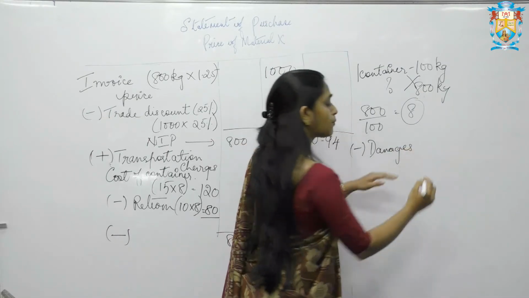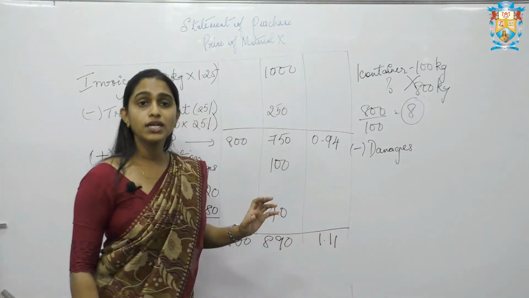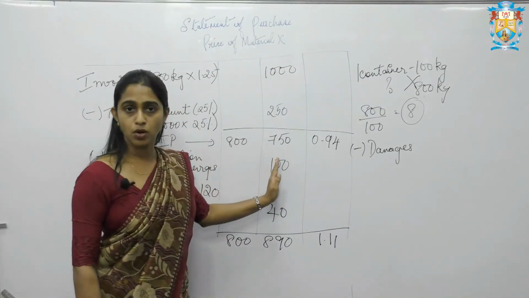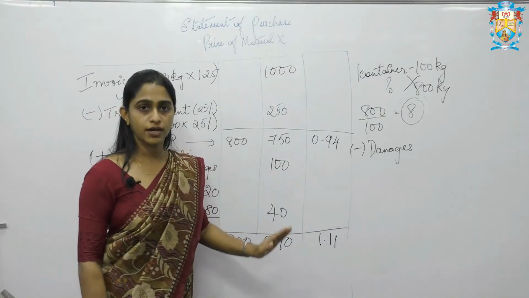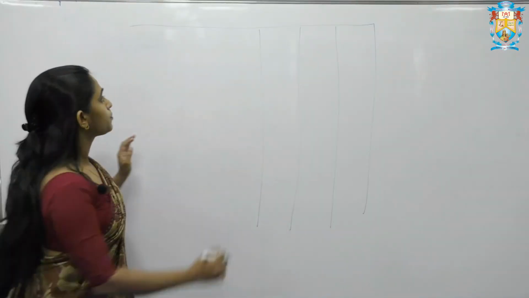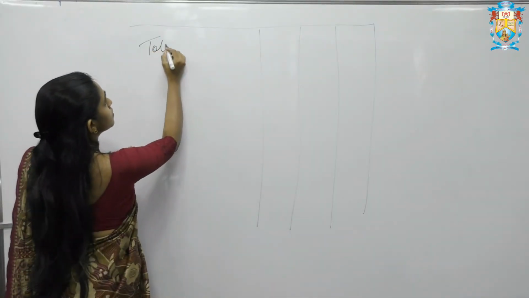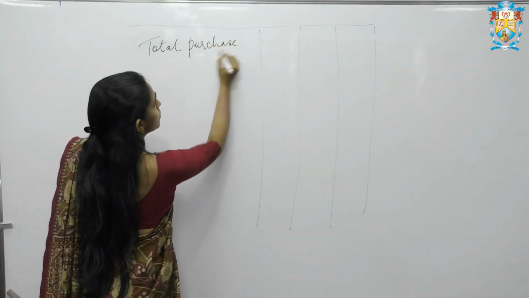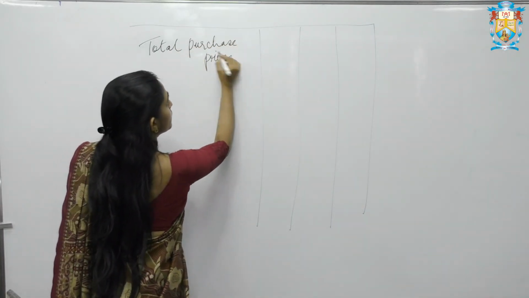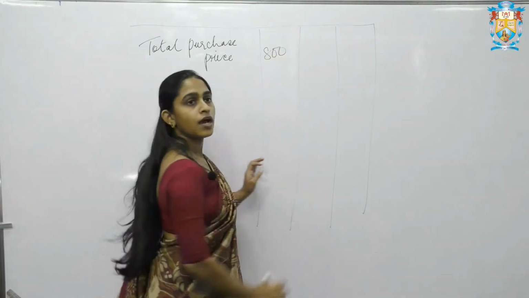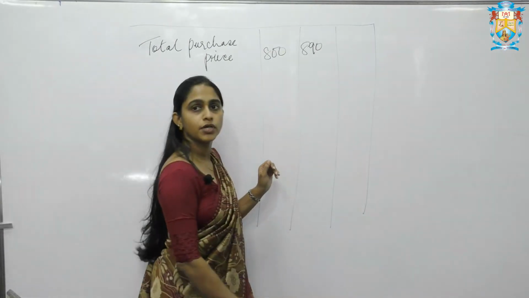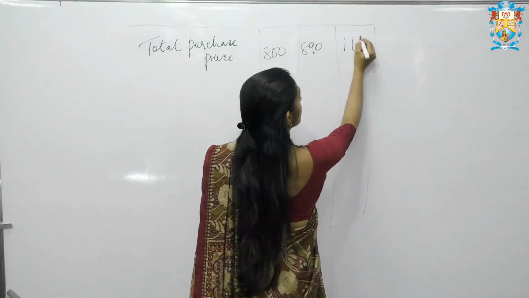Now the damages have to be calculated only on the quantity, and it has nothing to do with the amount and the rate per unit right now. So the total purchase price that we have got so far is 800 kgs at the amount of 892, and the rate per unit is 1.11.